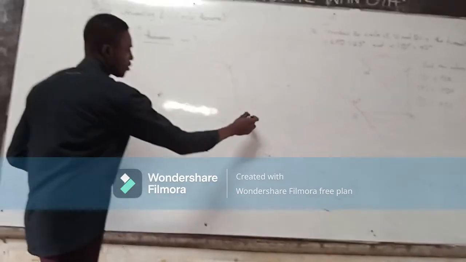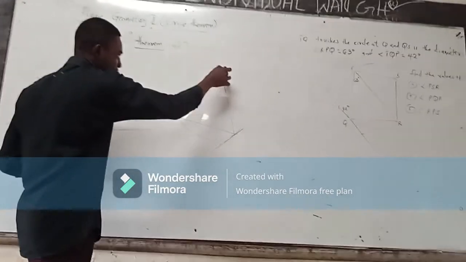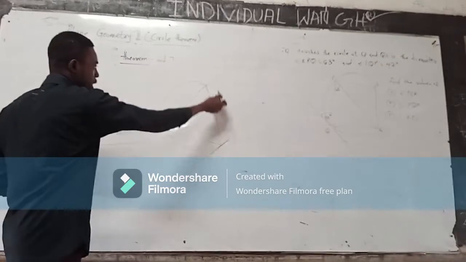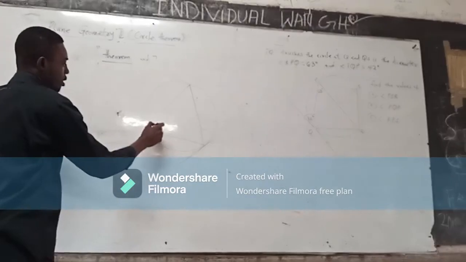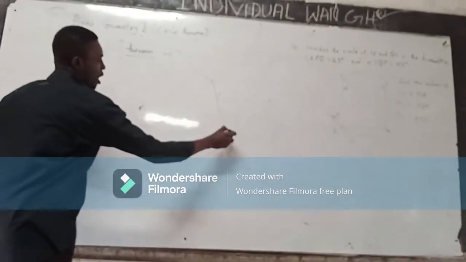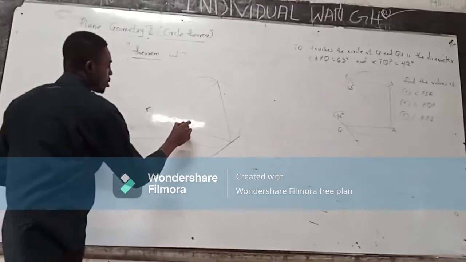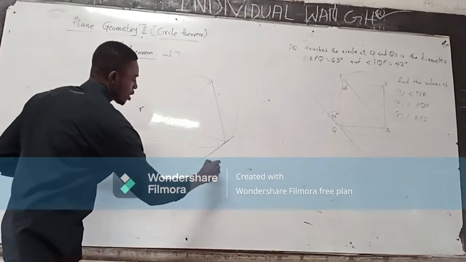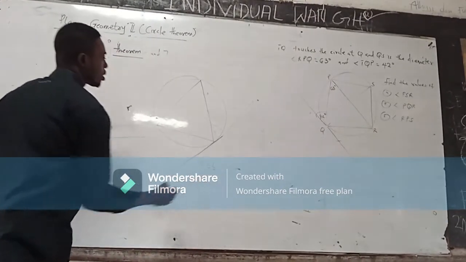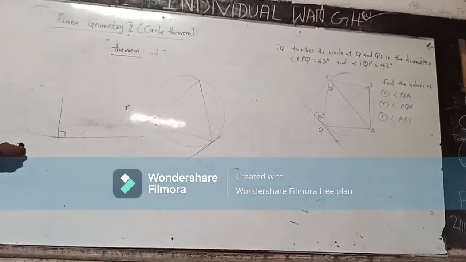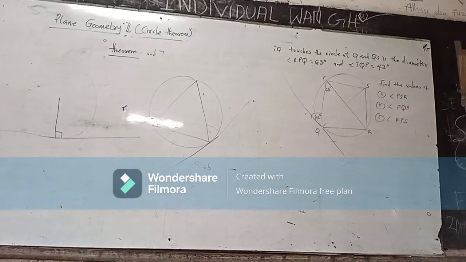So don't give it to the chord that it is forming with. Give it to the chord next to it. So if we have A here and B here, A will be equal to what? B. We are going to apply this to solve some examples.